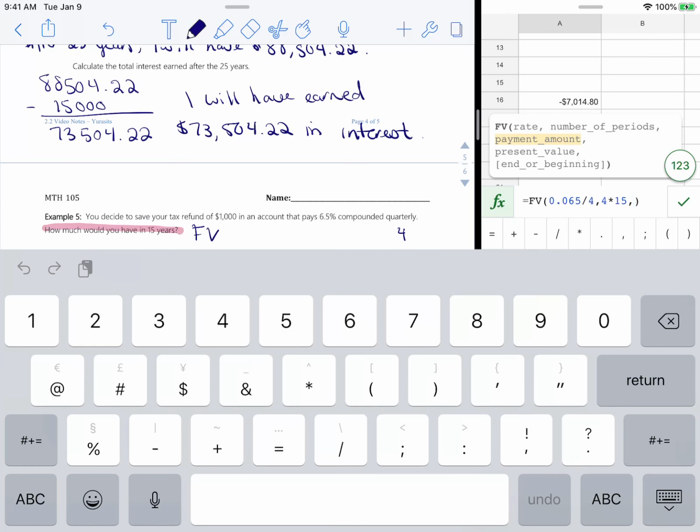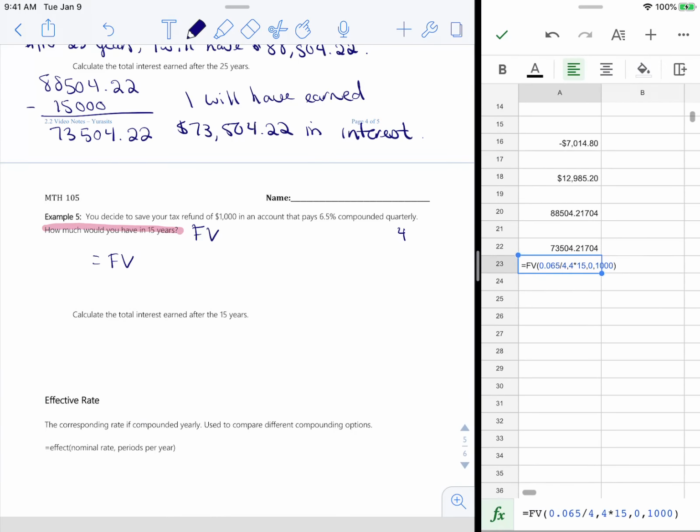So, oh, no. So that is 0. And then we know our present value is $1,000. And then I'm going to push enter. And it looks like we get $2,630.47.